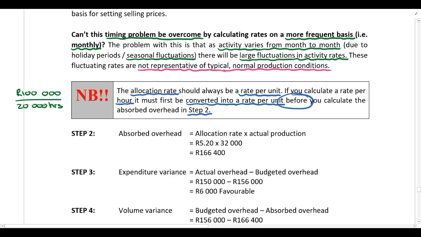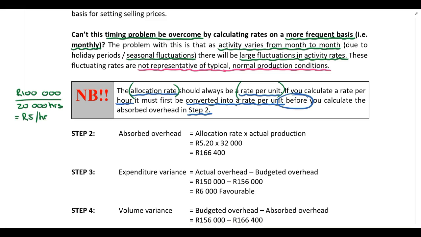So if you take your budgeted overhead of 100,000 Rand and you divide by normal capacity of 20,000 hours, that is going to give you an allocation rate of 5 Rand per hour. However, I've told you that this allocation rate must be a rate per unit. It must not be a rate per hour. So you are then going to have to determine how many hours it takes to make 1 unit.